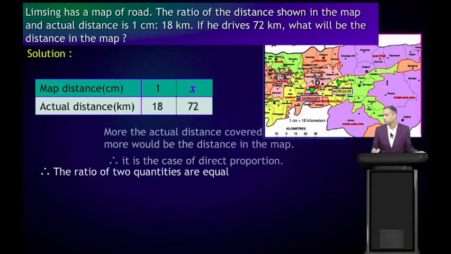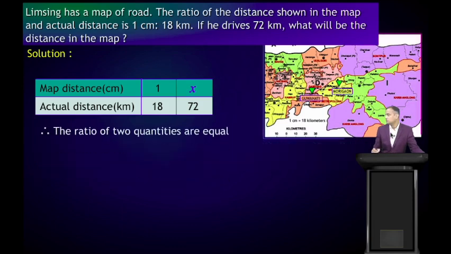Now the ratio of two quantities are equal. So for direct proportion we know that the ratio of two quantities is always equal. So we can take ratio of this and ratio of this. From cross multiply we can find that x equals 4 centimeter.